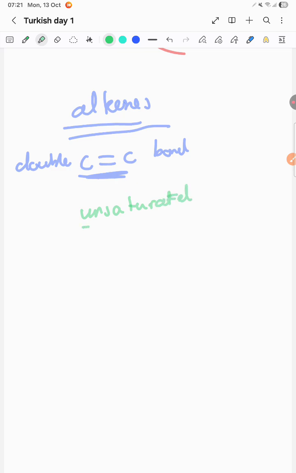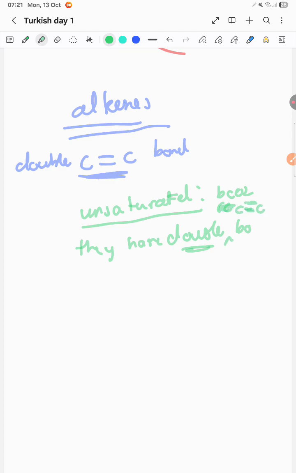My dyslexia. They're unsaturated. Why? Because they have double bonds. Double carbon to carbon bonds. See, I'm being lazy. Double carbon to carbon bonds, to which we can add.